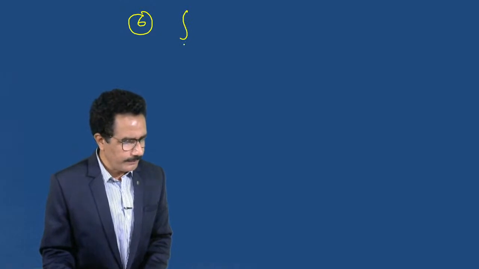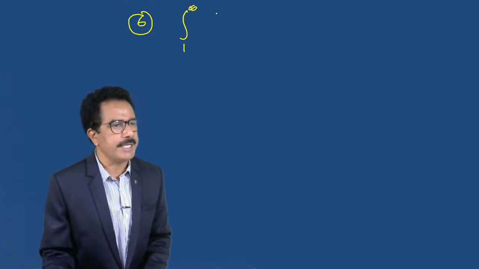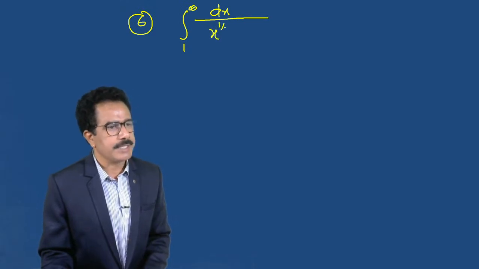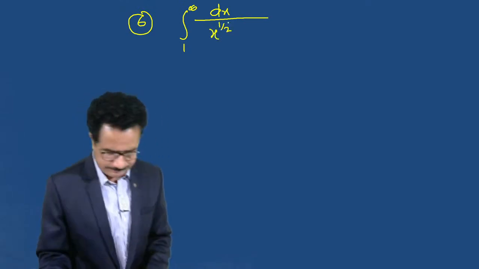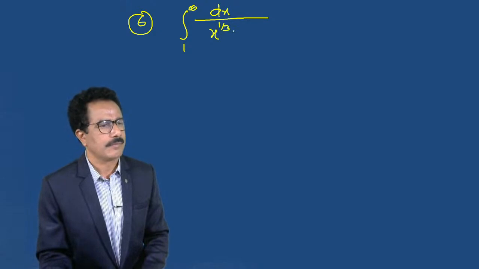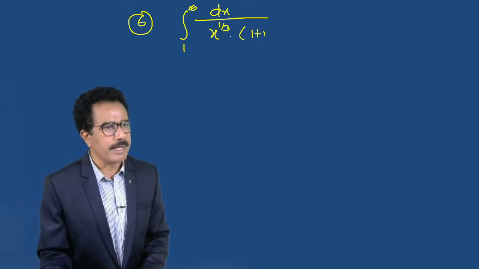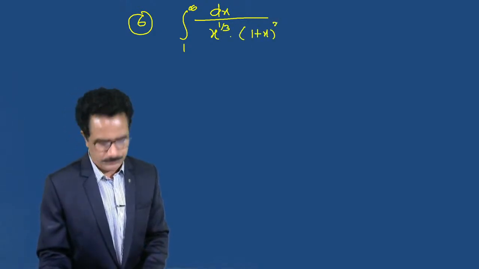Now we shall discuss the next problem, problem number 6. Integral from 1 to infinity dx divided by x raised to 1 by 3 into 1 plus x raised to 1 by 2.